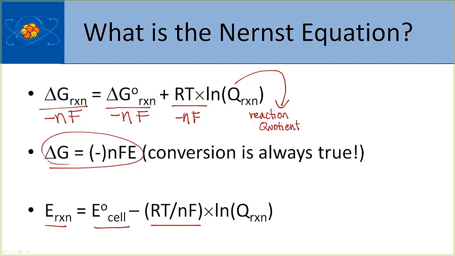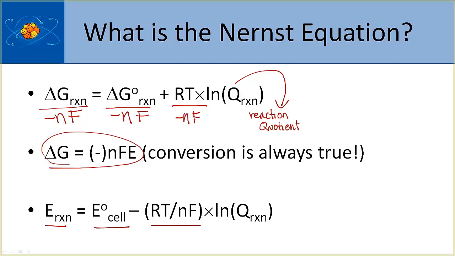It's that mass-action relationship between concentrations and equilibrium. And when we use Q, it's usually a diagnostic used to determine whether or not the reaction will go forward or backwards. But for free energy and for voltage, we can use this as a tool to calculate the voltage you'd expect to see under non-standard states.